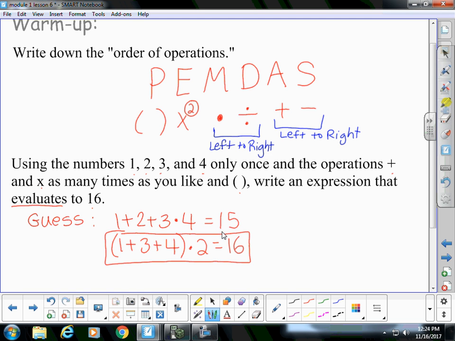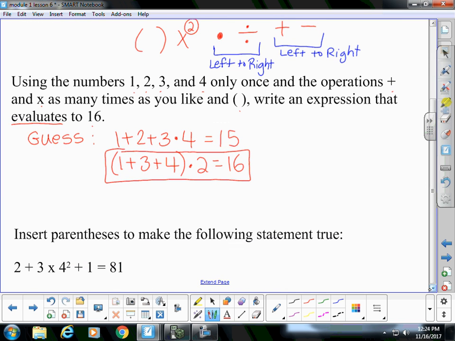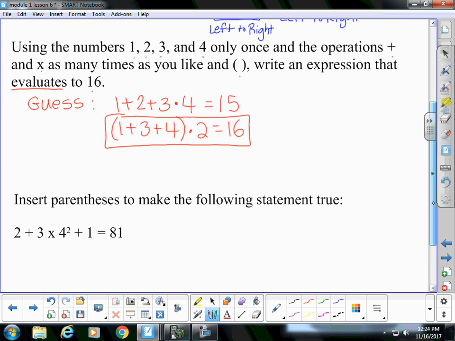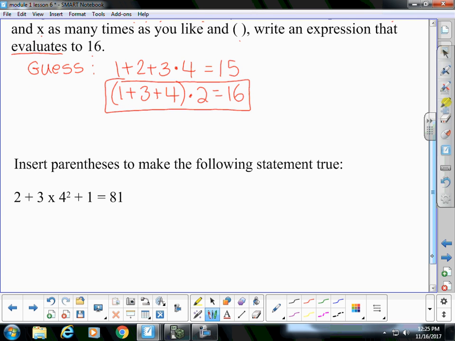So it added 1 plus 3 plus 4, and that's 8, and then multiplying by 2, 8 times 2 is 16. When I was doing this myself, I thought, is there a way to make 8 times 2? And that's how I was able to come up with the answer. I also thought about whether there is a way to make 4 times 4, but I wasn't able to come up with that, so that's why I went to 8 times 2.